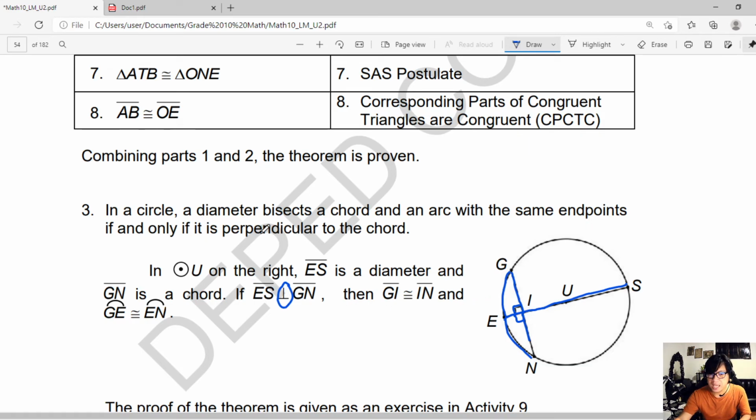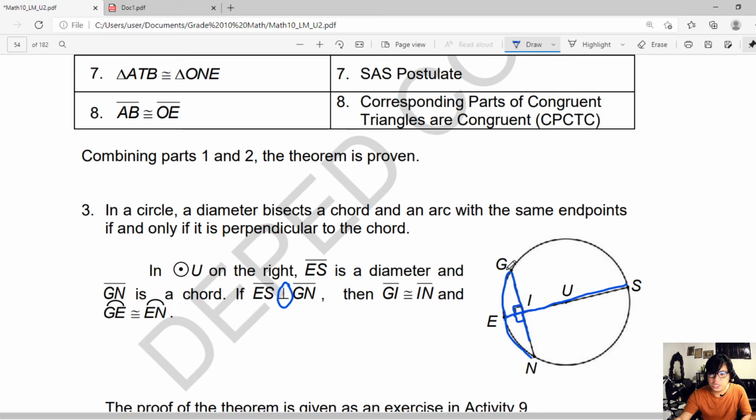In a circle, a diameter bisects a chord and an arc with the same endpoints if and only if it is perpendicular to the chord. So this one is perpendicular. So the same yung measure. Pag kunin natin ang measure nito, kasi it bisects the chord, yung diameter na bisects niya yung chord.